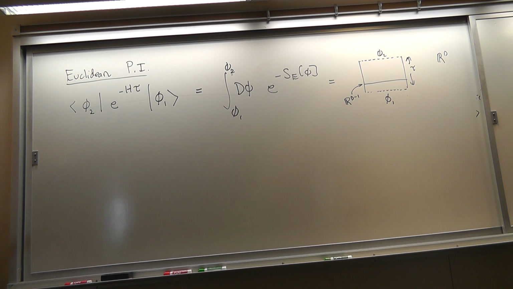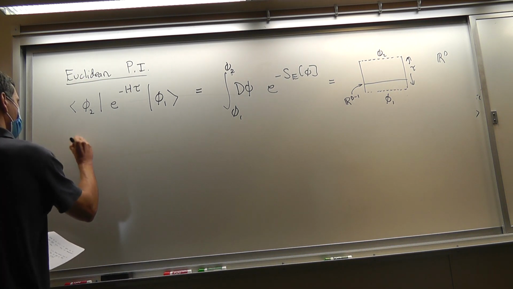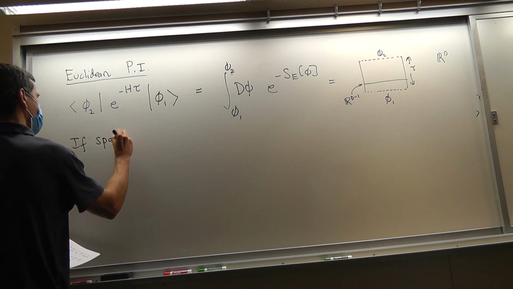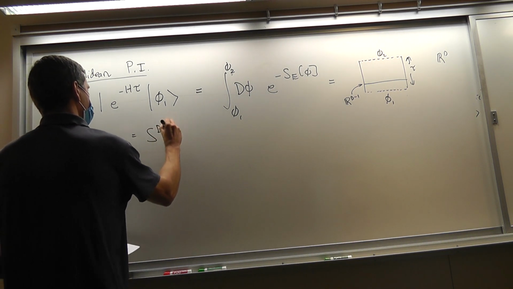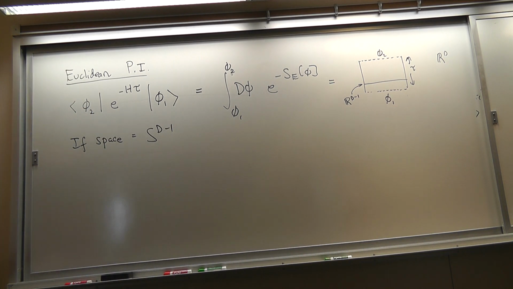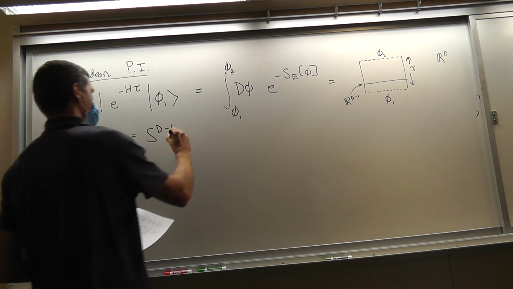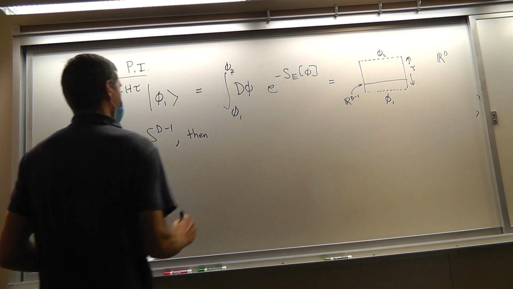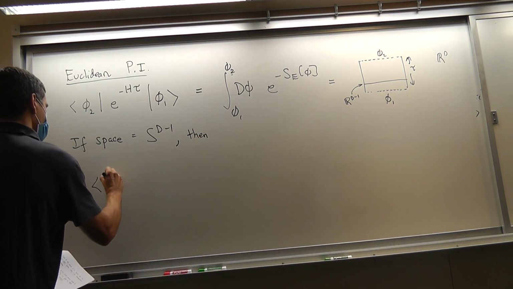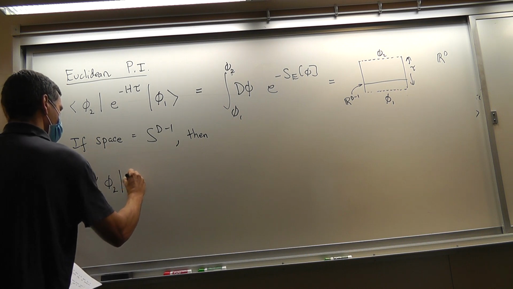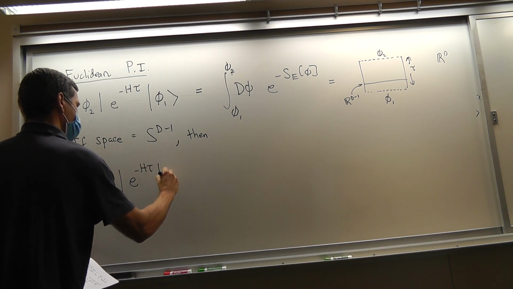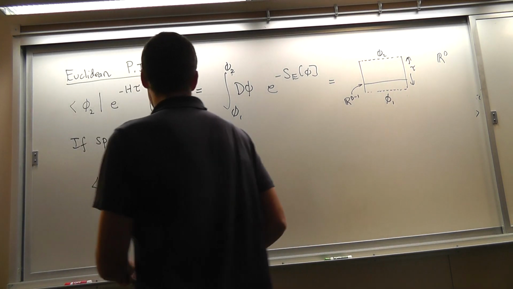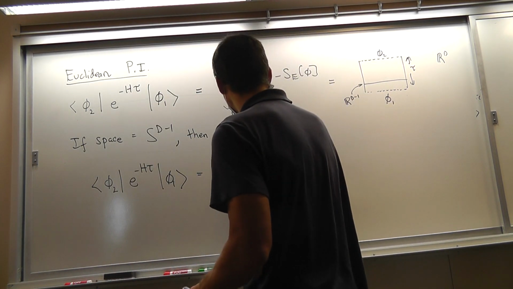We can use the same kind of pictures and the same path integral formalism to study quantum field theories on more general spaces. So, for example, if space is the sphere S^(d-1), then we can draw a very similar picture for the overlap of phi 2 with e to the minus H tau acting on phi 1. We just change the shape of the manifold.